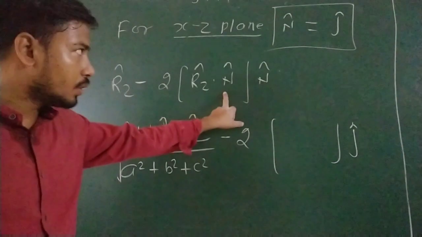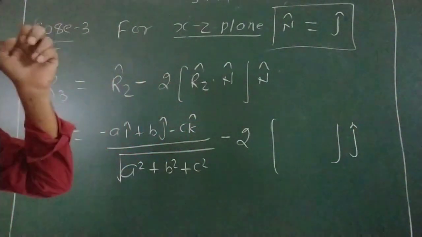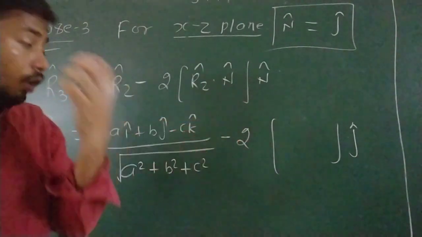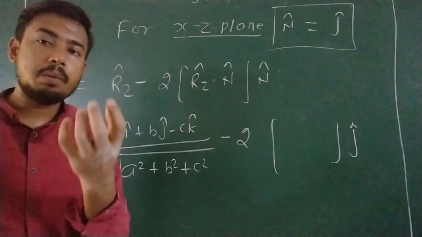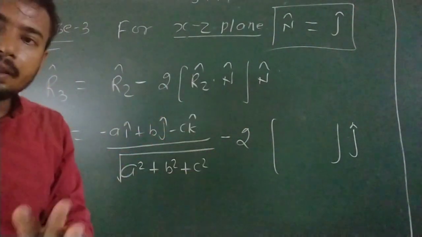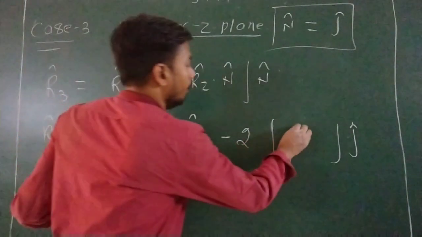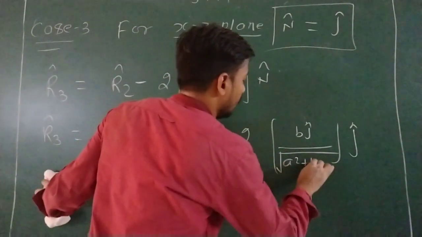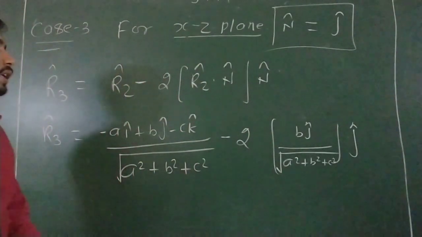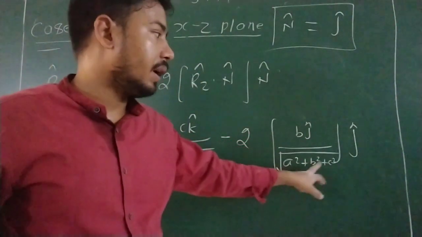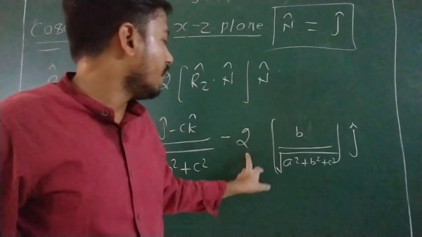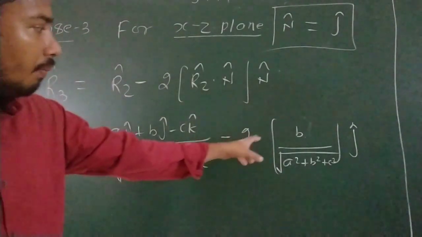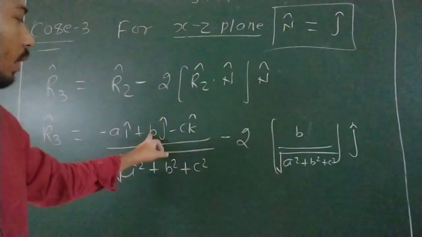This calculation we can do directly because we know that we are going to do the dot product of R2, this one, with J cap. So in a dot product only the similar terms survive. It means the result should be in terms of J. So this becomes B J cap divided under root A square plus B square plus C square. See, this becomes minus 2B J cap divided by this one. When you do the calculation, this is coming minus 2B and here 1B.